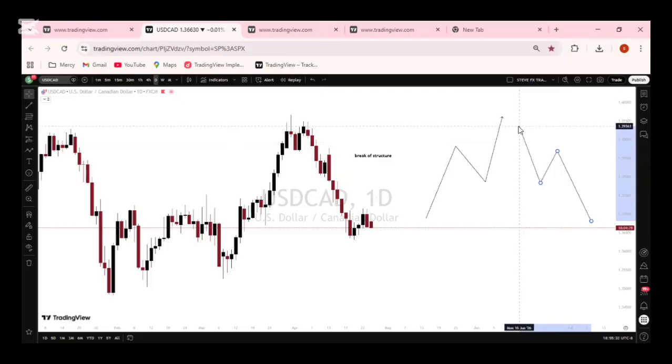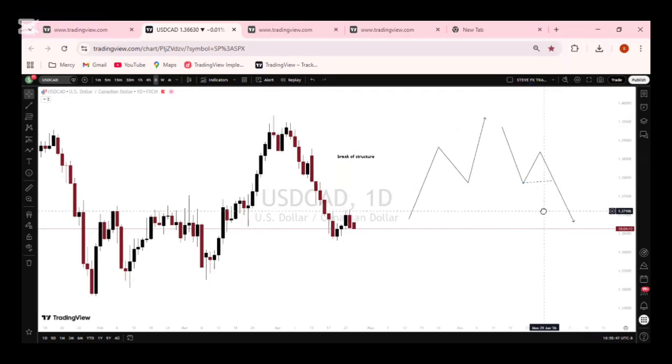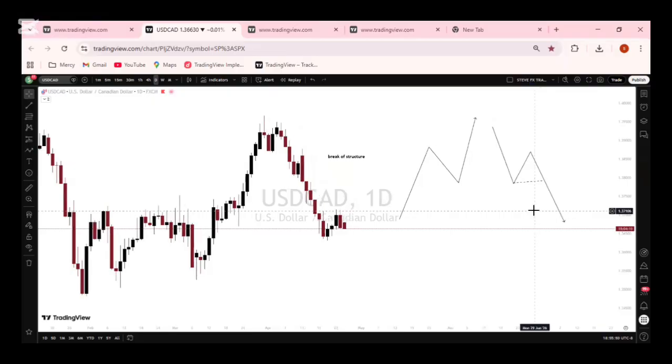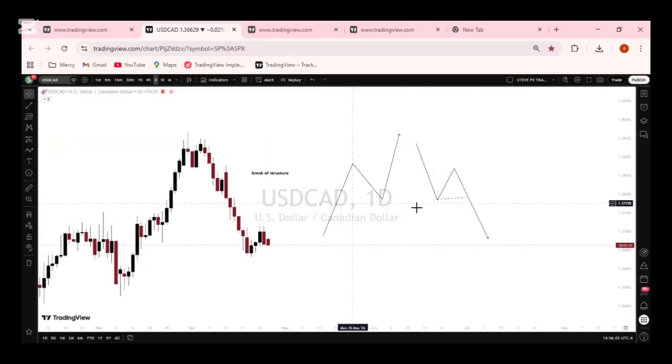Now, a break of structure has an importance that you need to understand. It shows a continuation of the market direction, and also indicates momentum in the direction of the market. So if the market is going downwards and we see the market breaking the low, that means the direction of the market is going to continue.